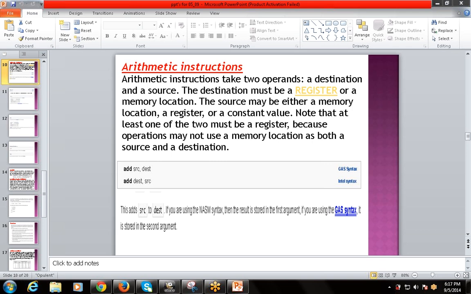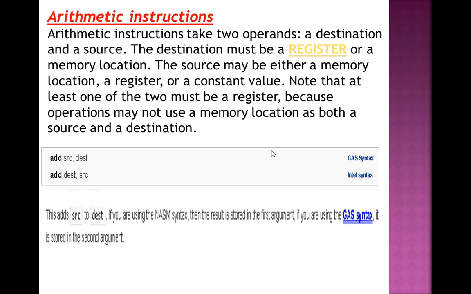As I told you, what is an operand? That on which we can perform the operation is known as an operand. A destination and a source: where the output will arrive or be stored is known as the destination, and the source is from where the input comes.